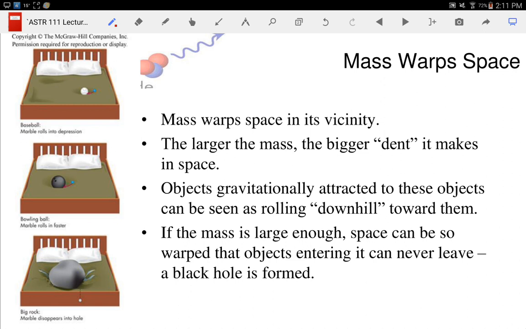And so he said, if you get enough mass packed in a small enough region, the escape velocity can reach or exceed the speed of light, which means that light can't even escape. So he said, I'm going to call that a dark star. A dark star because light can't escape from it, so you see the star, but you can't see any light from it, hence you don't really see it. But you can detect it.